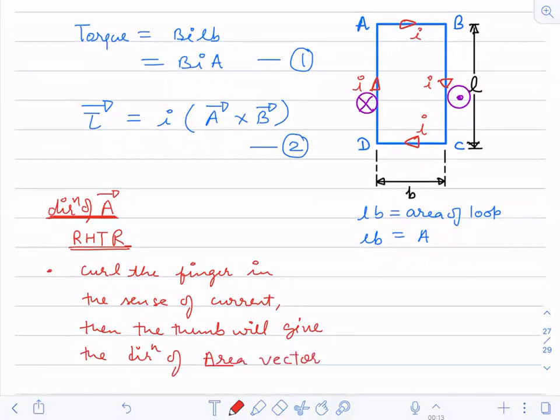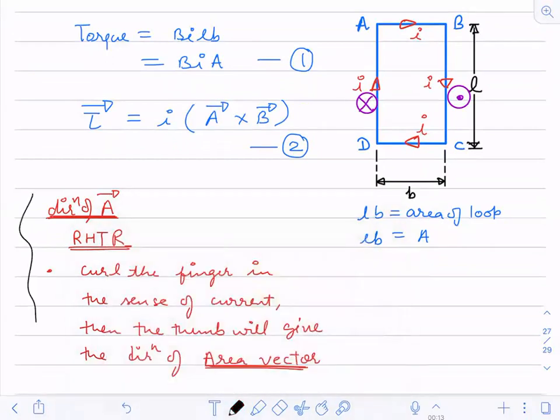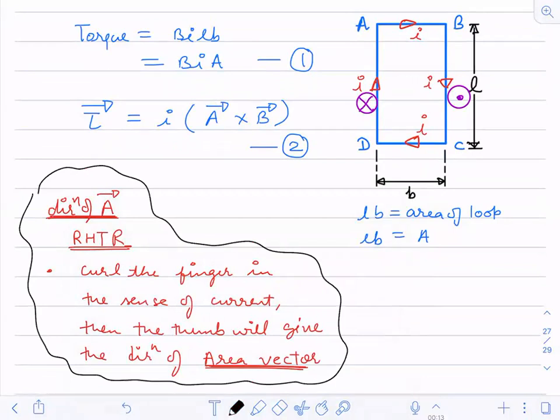This is a very, very important concept. If you are asked to calculate the torque, the current will be given to you, but the direction of the area vector will not be given to you.